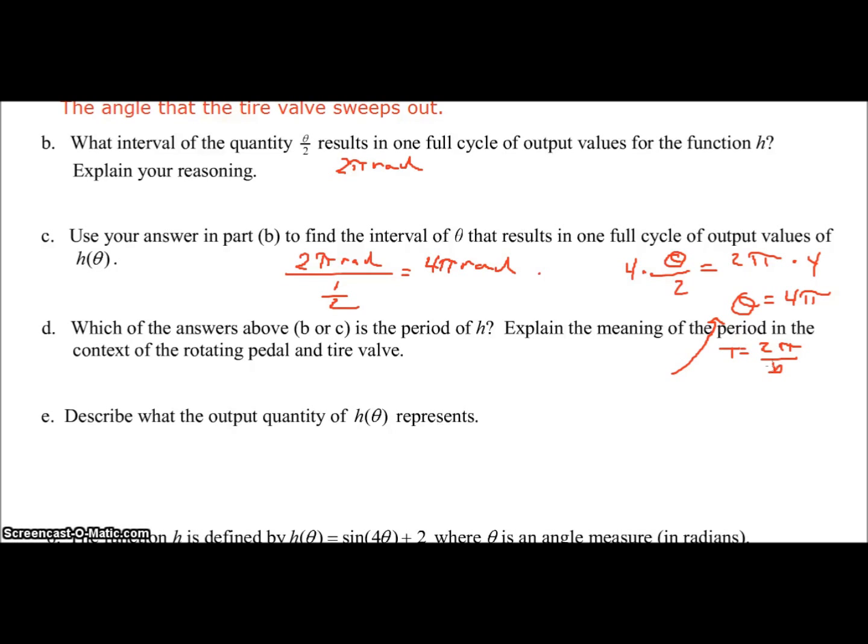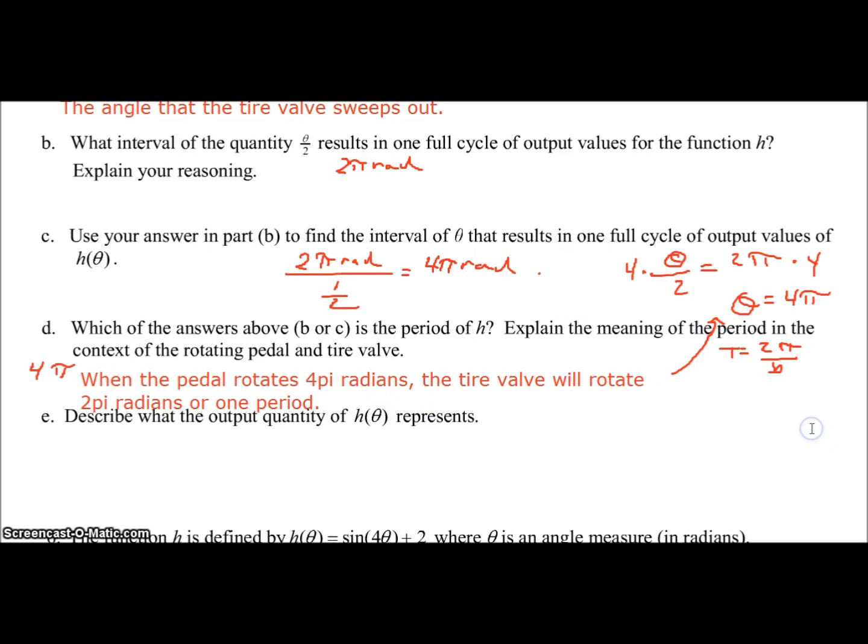Let's see, the textbook says the period of h is 4 pi since it is the interval of theta required for h to result in one full cycle of output values. So when the pedal rotates 4 pi radians, the tire valve will rotate 2 pi radians, or 1 period.